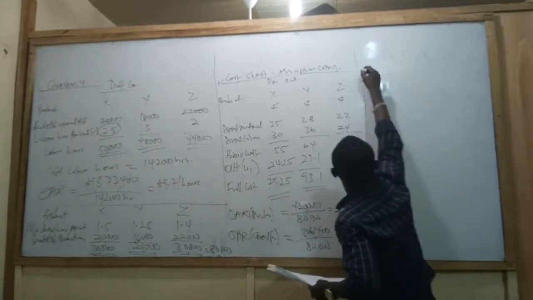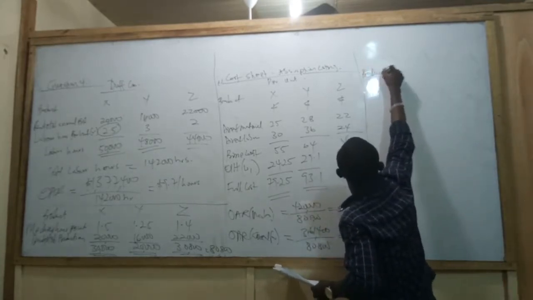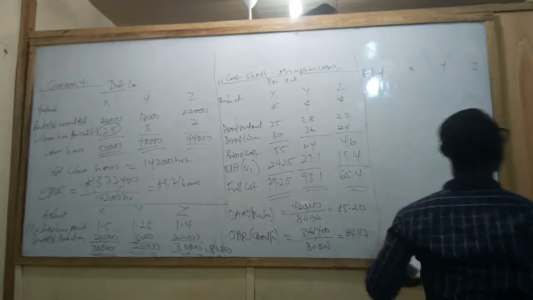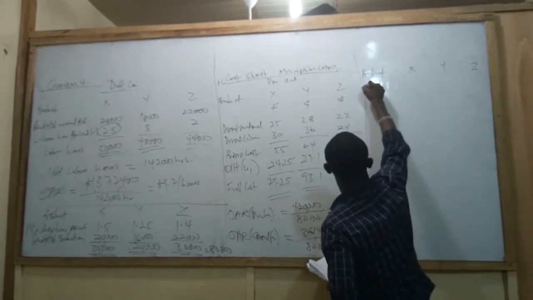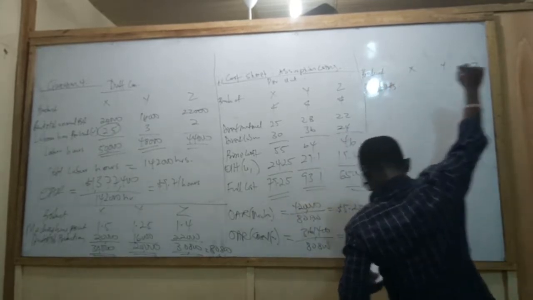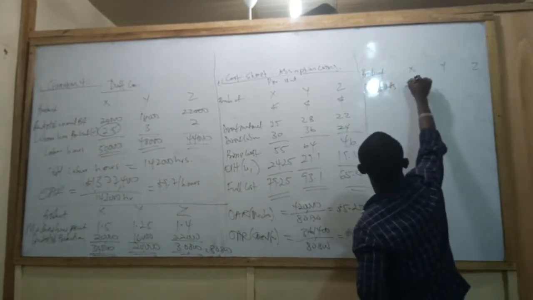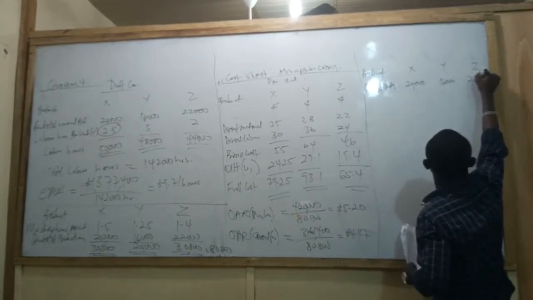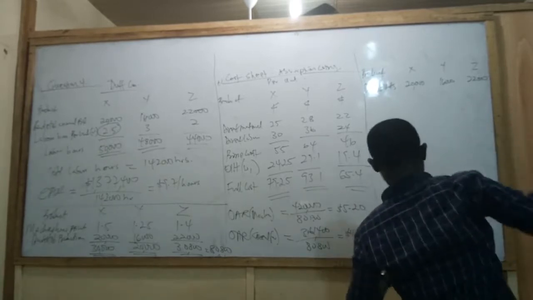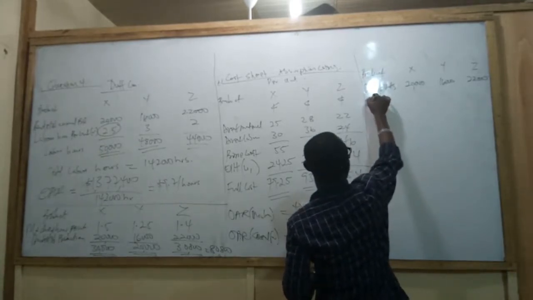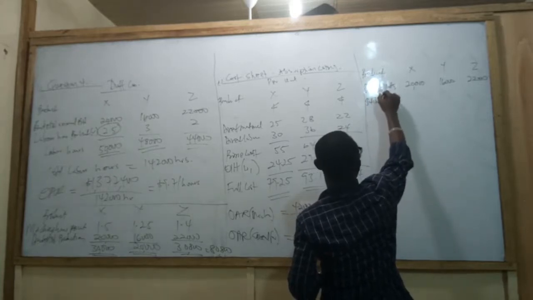So we put a schedule down, products X, Y, and Z. How do we do that? We bring the budgeted units. Then we are told in each batch, what is the batch size? 500, 800, 400.